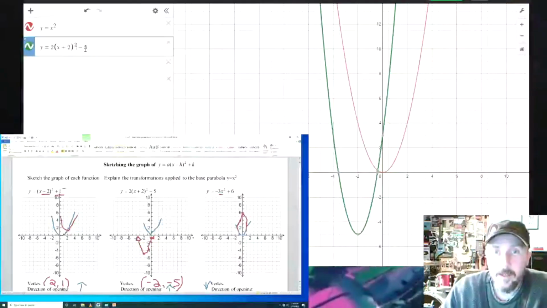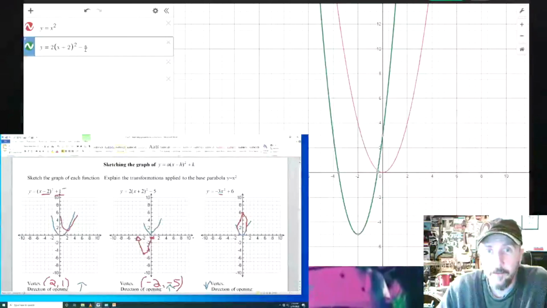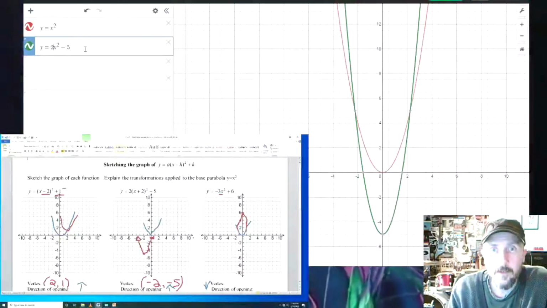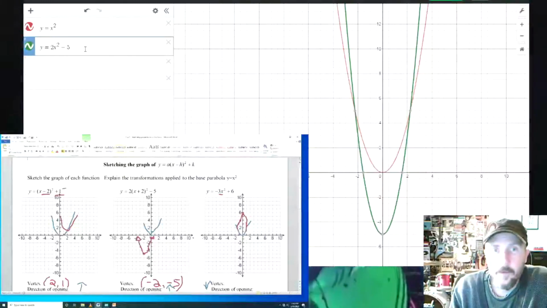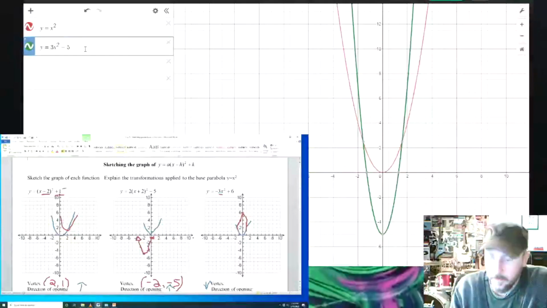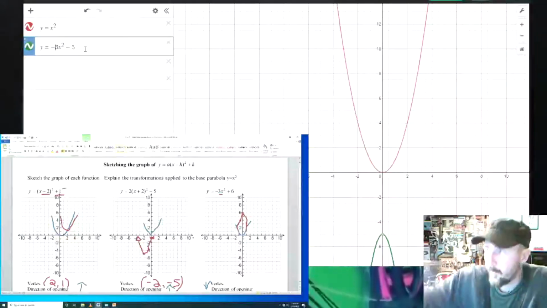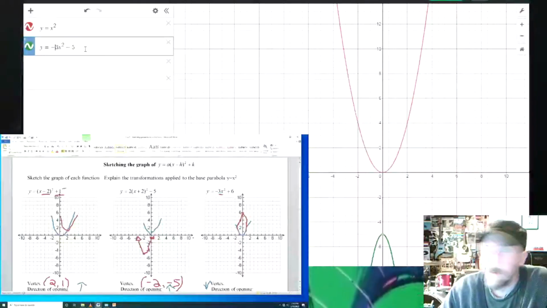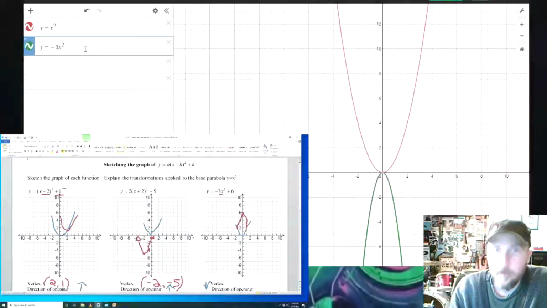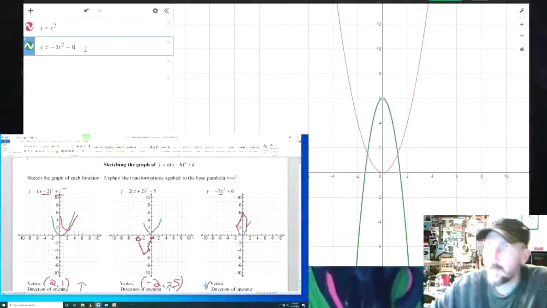Now we'll double check the last one here. We've got a minus, so there's no brackets in this one. So I'm going to delete the brackets. Oops. We need the x still. Instead of a 2, there is a 3. It's a -3, which flips it upside down. But it's a +6, not a -5. +6.